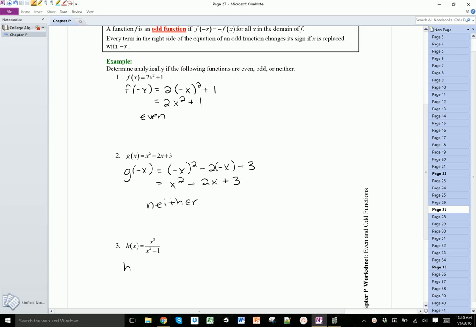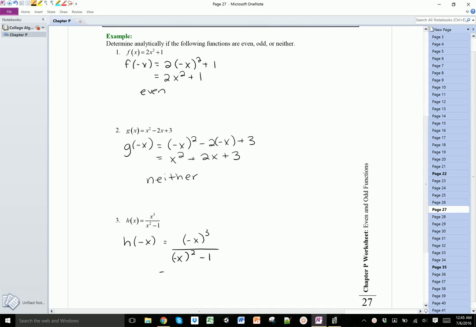Let's try putting a negative x into this one. So if we put negative x in, I'm going to get negative x cubed over negative x squared minus 1. I'm going to bring this negative out, because a negative cubed is going to be a negative.